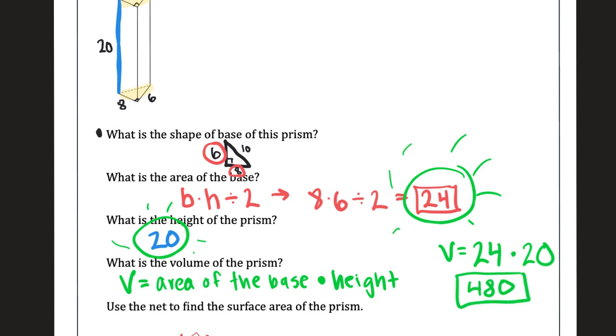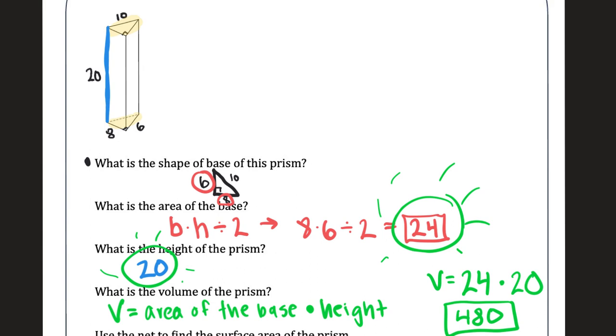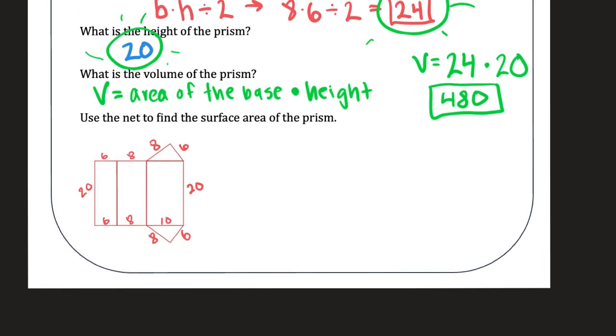Okay, the last thing that we need to do is find the surface area of the prism. So if we have our prism up here, our surface area is going to be the easiest to find using the net. So we're going to use the net to find the surface area of the prism.